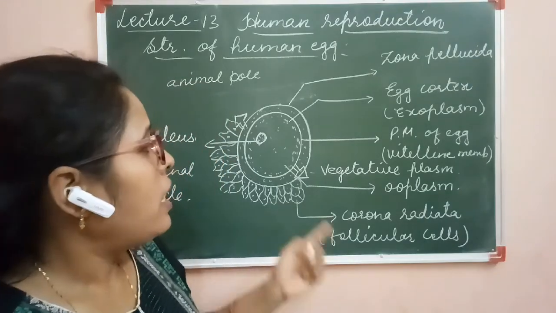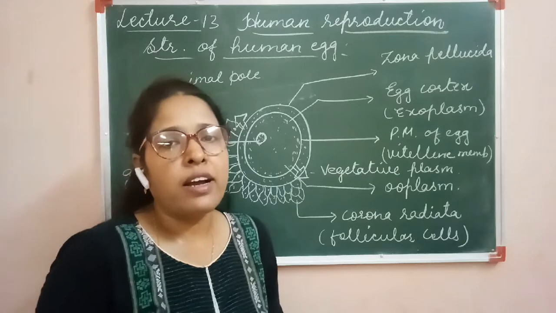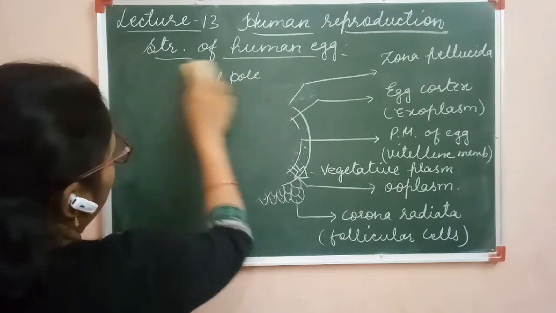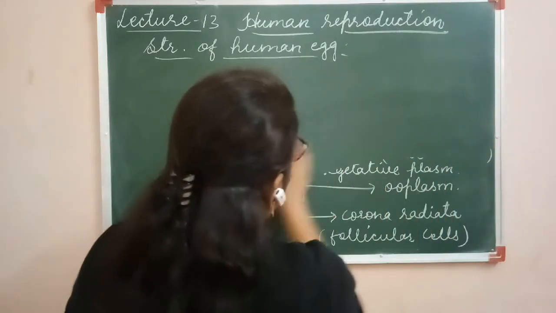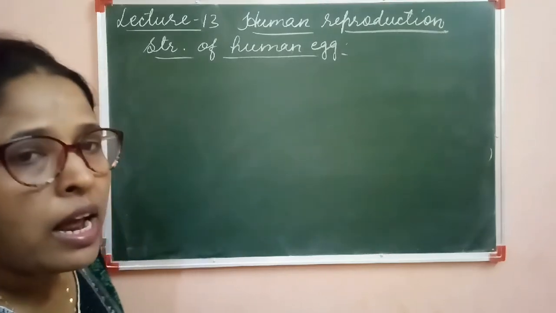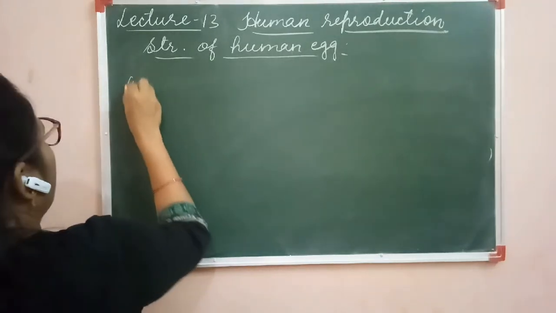So the membranes of egg are divided into three types, that is primary membrane, secondary membrane and tertiary membrane.